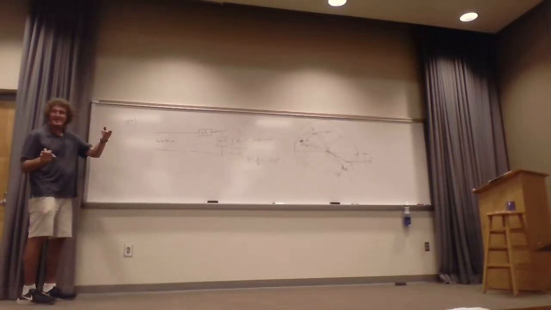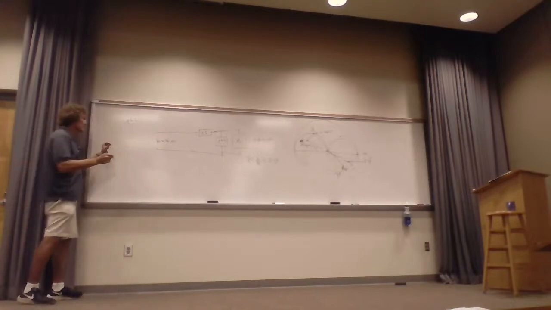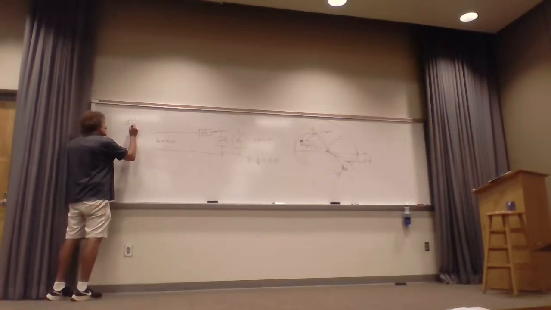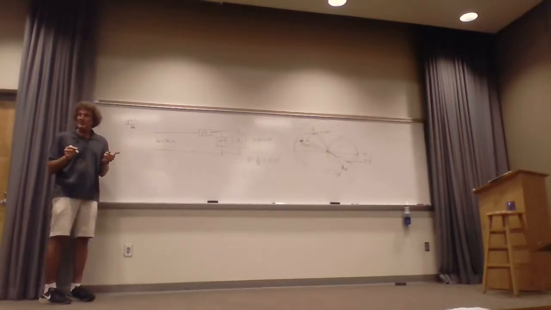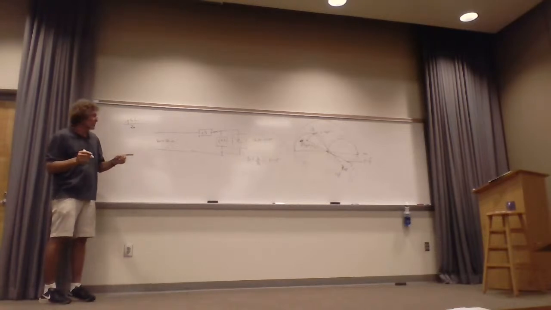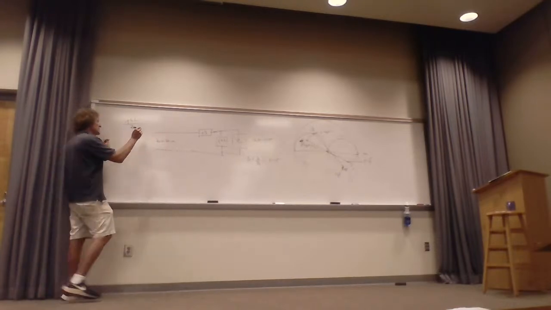To normalize it always means to divide by the characteristic impedance. So if I divide this by Z naught, now I have the normalized impedance, right? What do I want that to equal? 3, right? So it's j3.